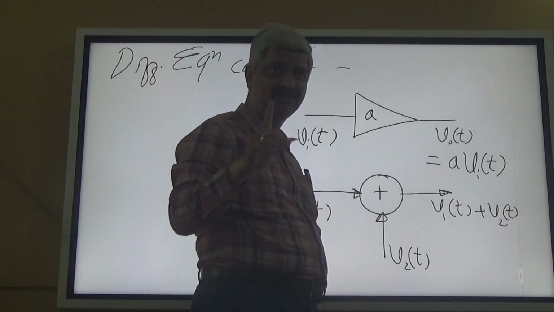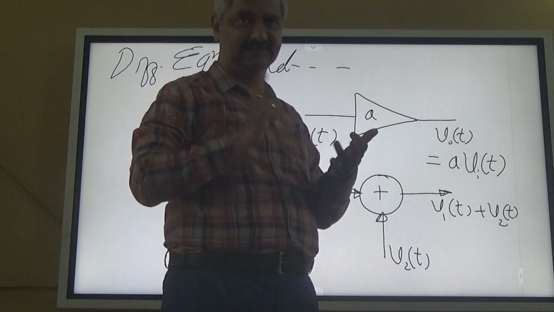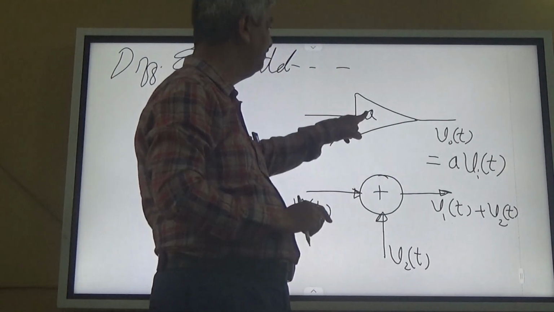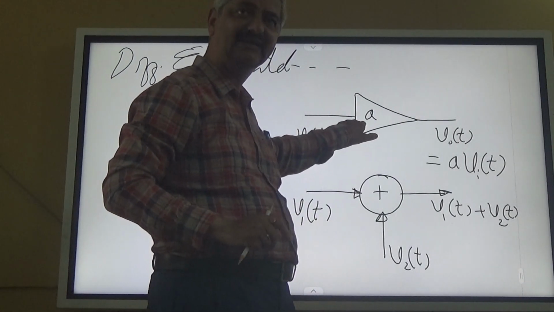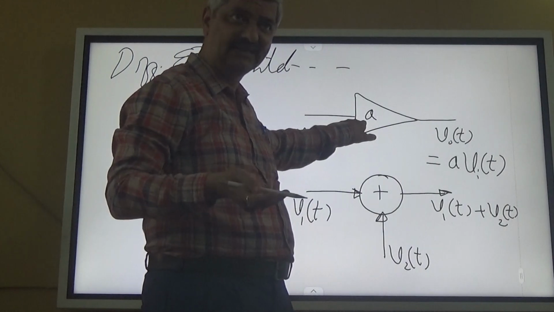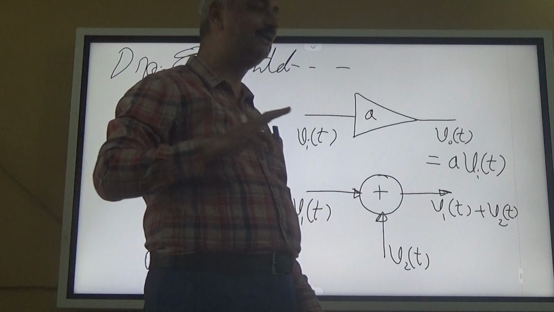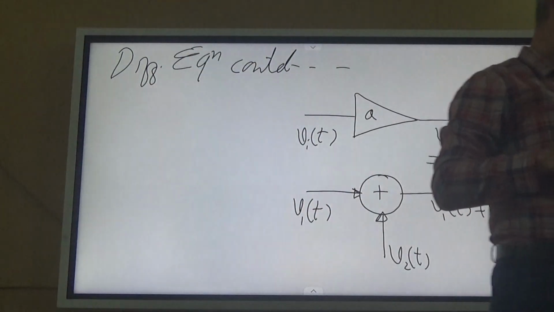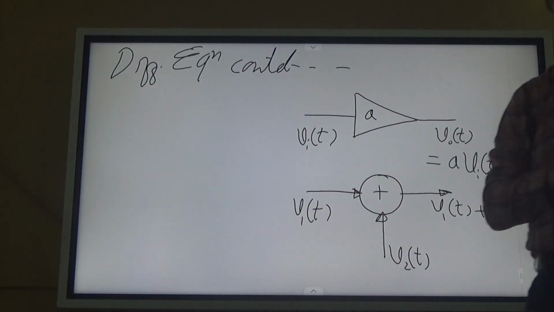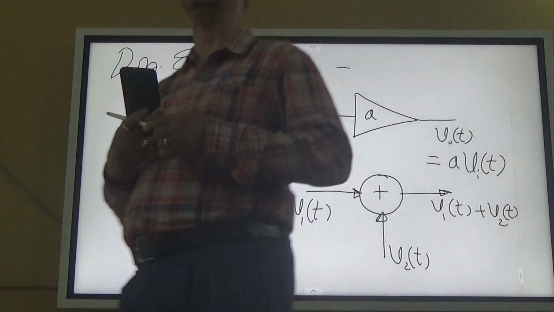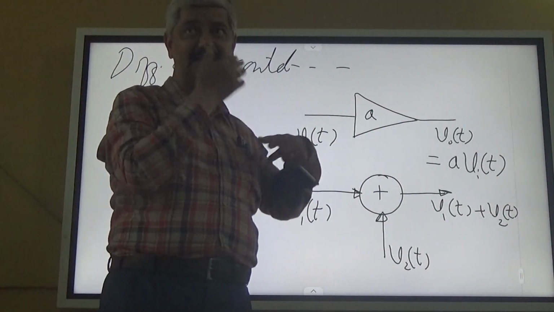What devices we had? Resistor, inductor, capacitor, and to that we add this as a scaling element, and this as an adder. By just adding two elements called scalar and adder, it becomes an active circuit. Right?